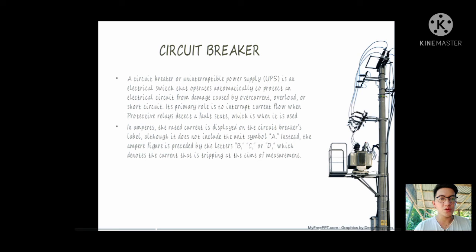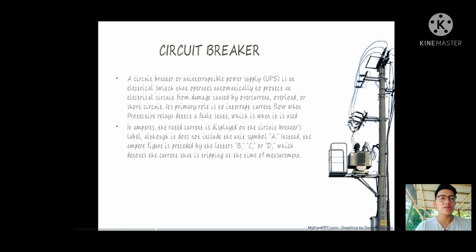So, sinasabi dito na the symbol A is not included. So, the ampere figure is preceded by the letter B. In type B, the tripping current is 3 to 5 times full load current, and the operating time is 0.04 to 13 seconds.